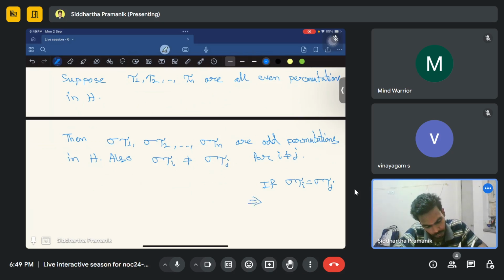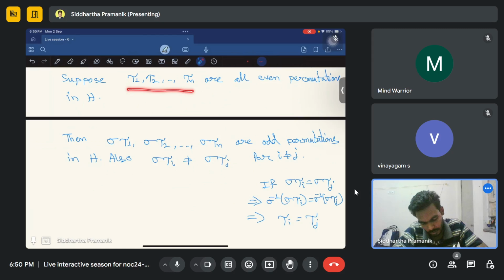We can multiply with sigma inverse on both sides. That gives tau i equals tau j. But the tau i's are distinct. So this implies sigma tau 1, sigma tau 2, sigma tau n are also distinct.